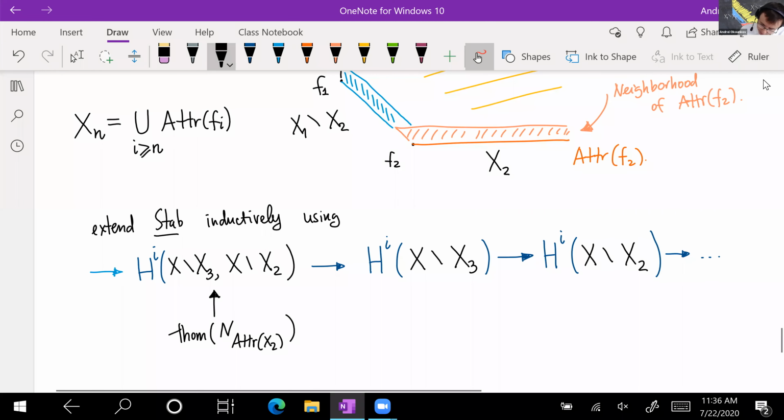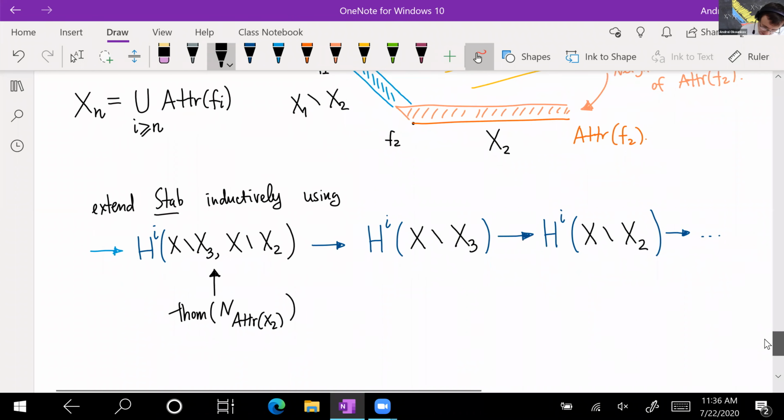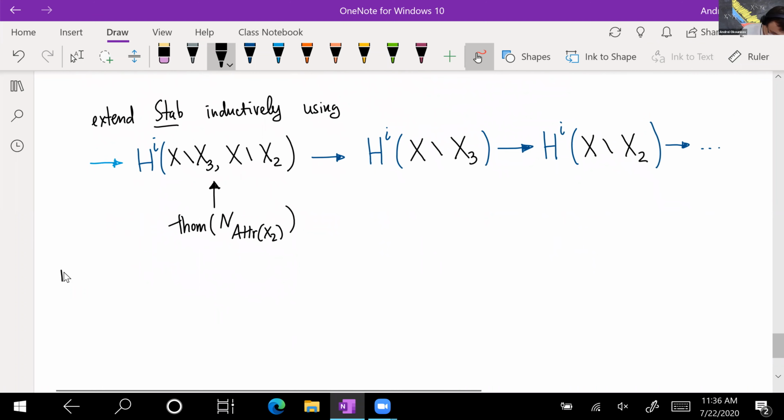And so this would be saying that in elliptic cohomology, what we're going to get is some kind of, sorry, not the ith cohomology, right?